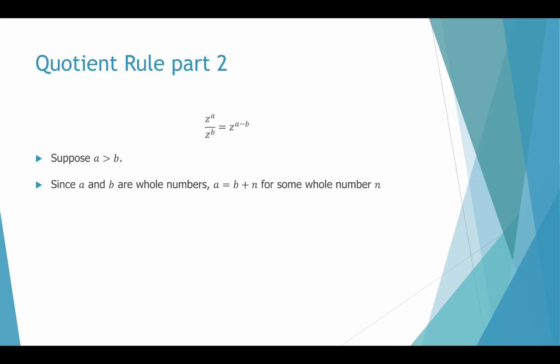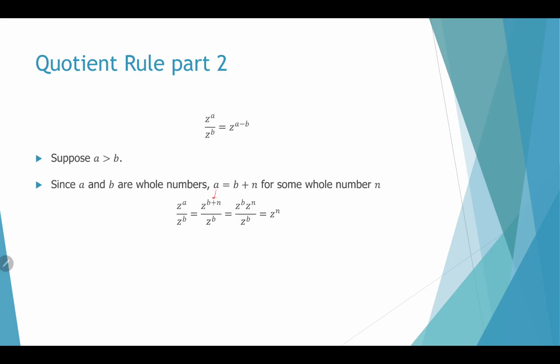Since a and b are whole numbers, a is equal to b plus some n for some other whole number, right? So n is just some other whole number. That means that z to the power of a divided by z to the power of b, I can replace what a equals, right? I can replace this here with b plus n.